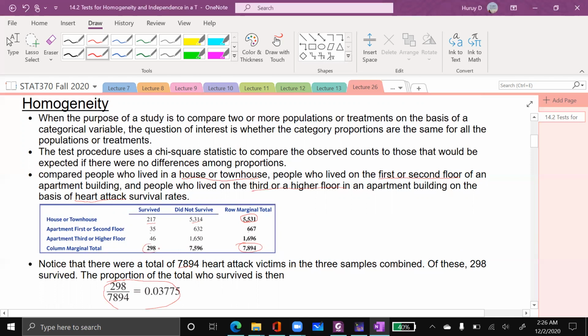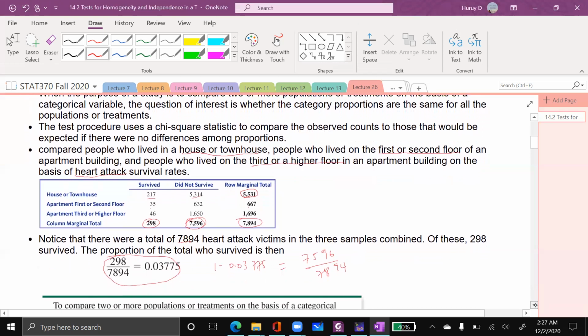So to find the proportion of the total survival is this much, and for those who didn't survive, it is 7,596 divided by 7,894, or just 1 minus 0.03775. It will give you the proportion for this number. This is the same as 7,596 over 7,894. If you divide this, you will get the same number.